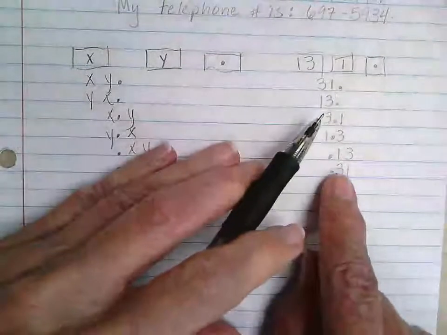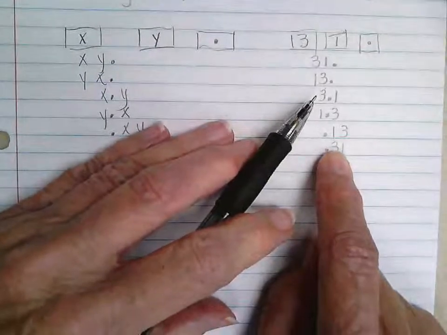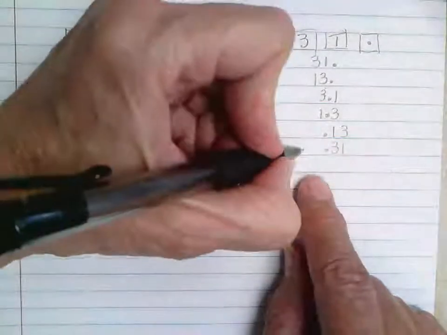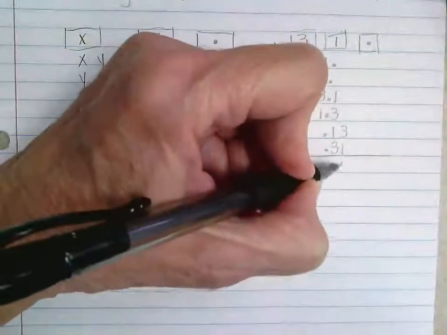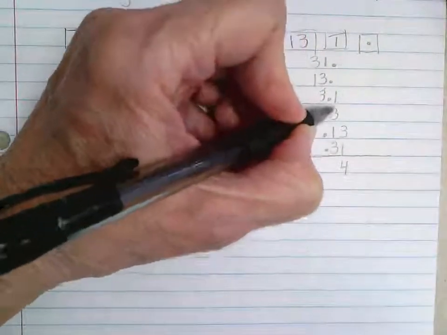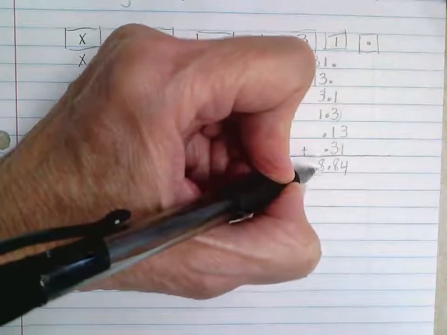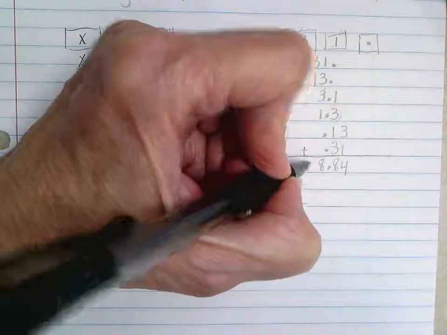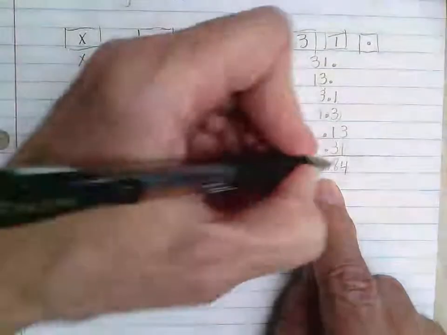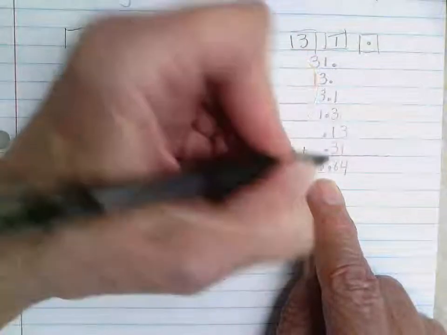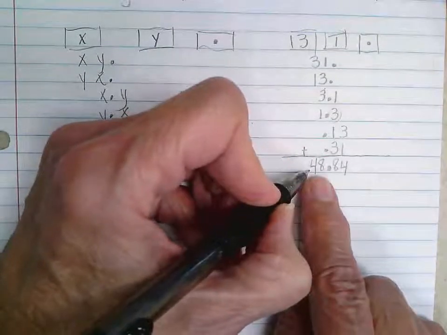At this point in the trick over here, the person that you're doing the trick with is asked to sum these digits. So they're going to add all of them up. This number, by the way, is a palindrome. A palindrome means it reads the same forward and backward.